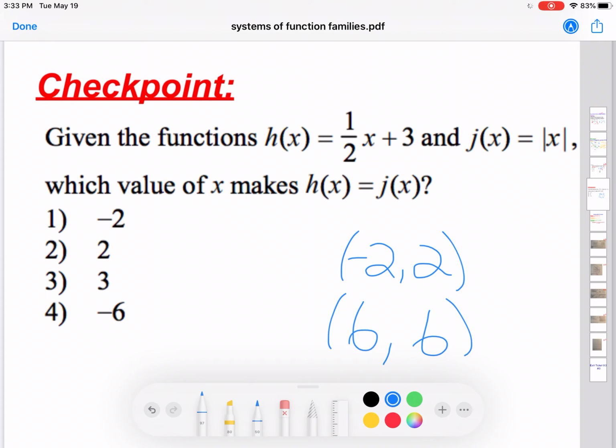So reading our question again, it says which value of x made the two functions equal to each other. So we would see that the two x values are -2 and 6, and the only one of those choices that we see here is answer choice 1. So in this question, again, you had a linear and an absolute value graph, and you saw where they intersected, which is where h of x equals j of x, and we should have chose answer choice 1.